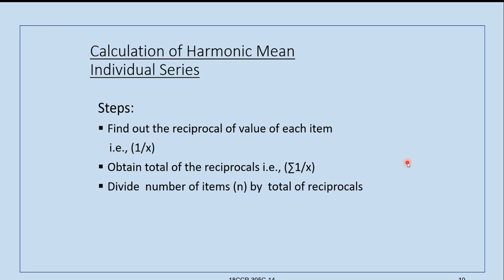And the next step is to add the reciprocals. First you add the reciprocals. In the second column, we add all the values. That means if the first value is 8, 1 by 8, second value is 10, 1 by 10, then 1 by 8 plus 1 by 10 is taken.